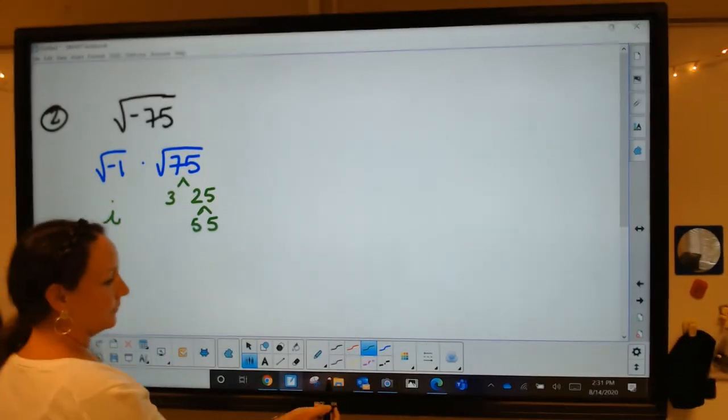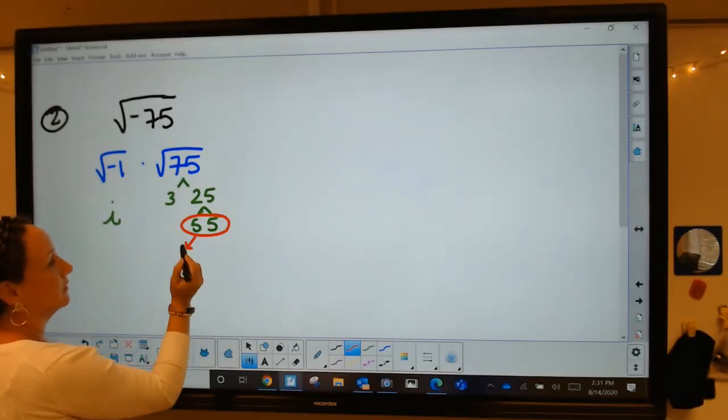The square root of -1 is i. And now I'm going to start breaking down 75. 75 is 3 times 25, which is 5 times 5. So I have a pair of 5s. 1 can come out. So I have 5. And then we put the i. And then we're going to put the leftover 3 inside of the square root.